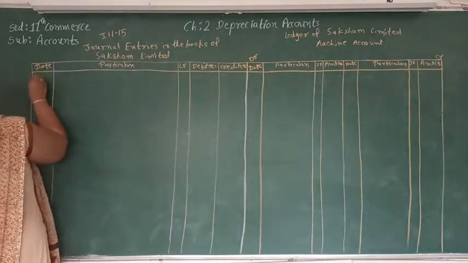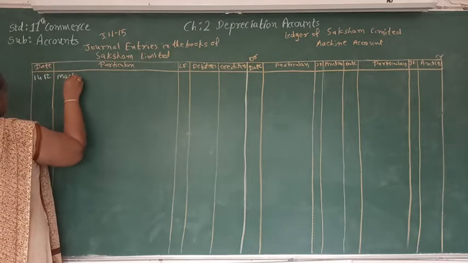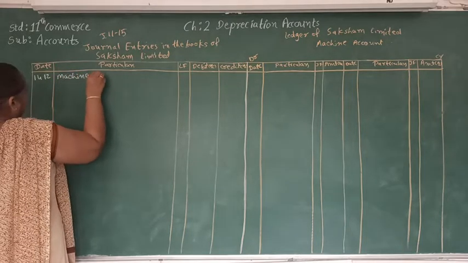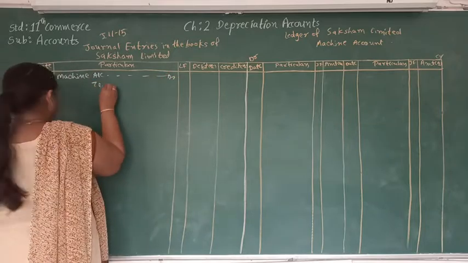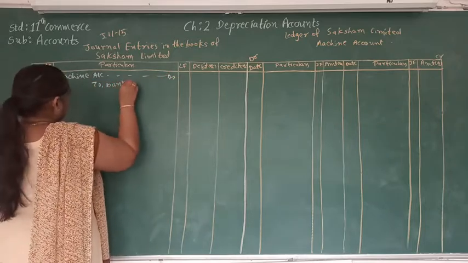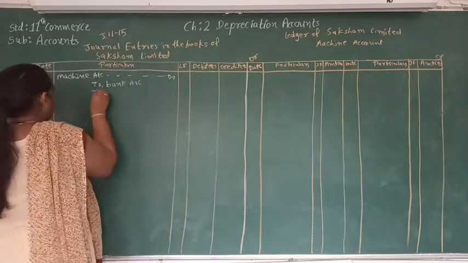So here, 1/4/12, machine account debit, to bank account, to cash account.